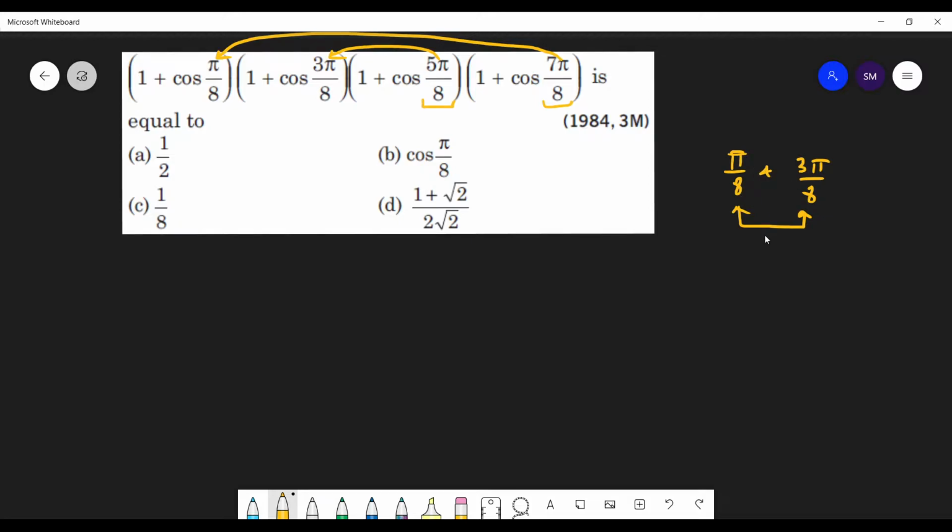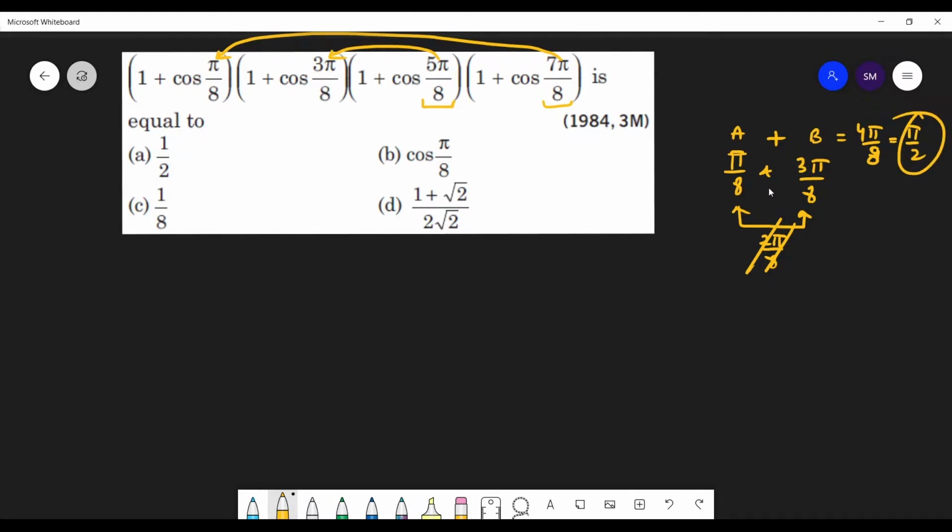Their difference was 2 pi by 8, and 2 pi by 8 is pi by 4. So not much use. Now what about a plus b? If you add them, you get 4 pi by 8, so 4 pi by 8 means pi by 2. Yes, that's 90 degrees.